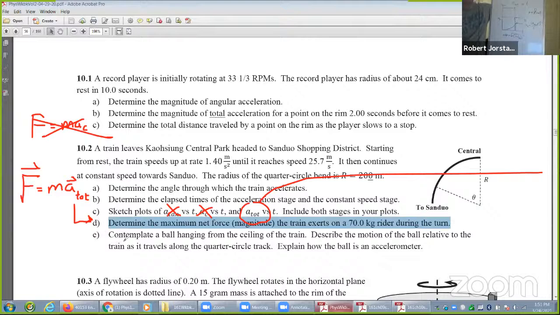Next, contemplate a ball hanging from the ceiling of the train. How is the ball going to move around as the train moves along the track?